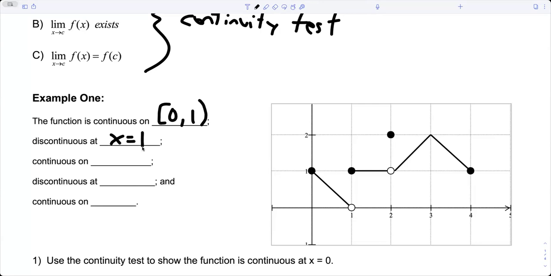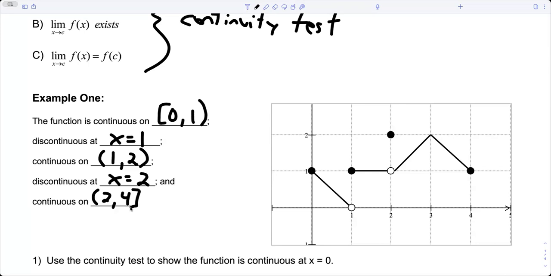Then again, the function is continuous on the interval from 1 to 2. And it is not continuous at x is equal to 2. And then it's continuous again from 2 to 4. Okay, so take a look at that. Discontinuous at x is equal to 1, and also at x is equal to 2.